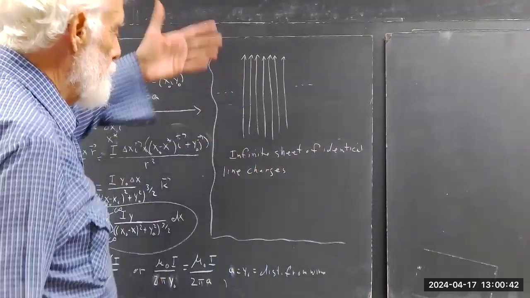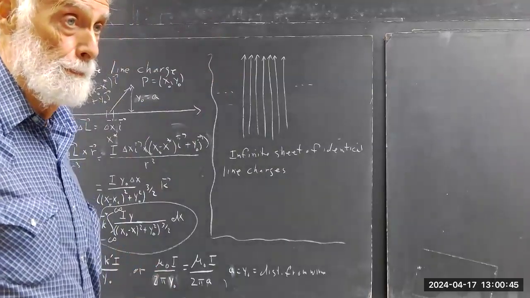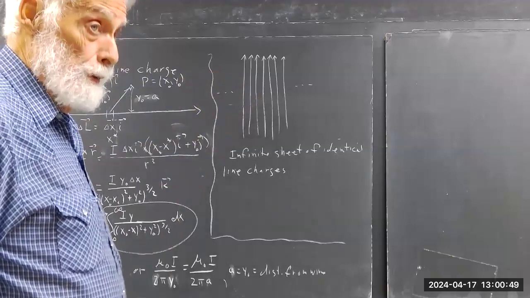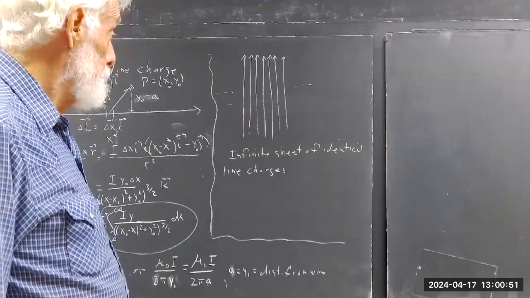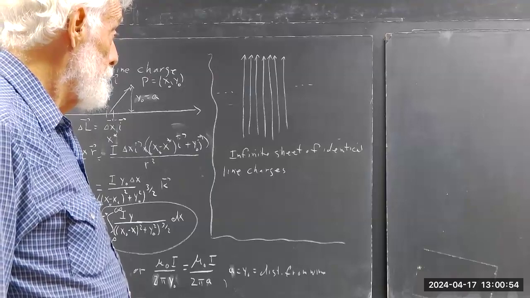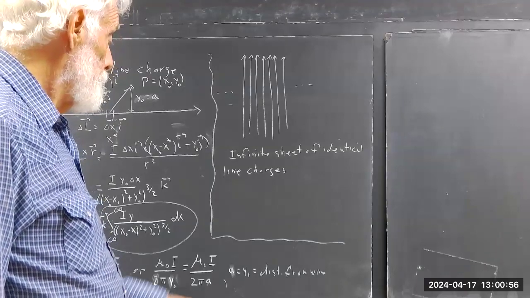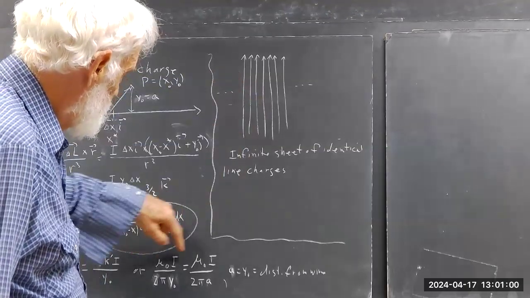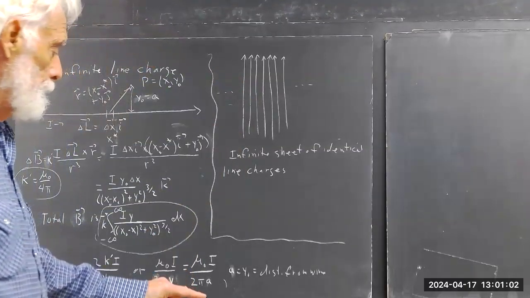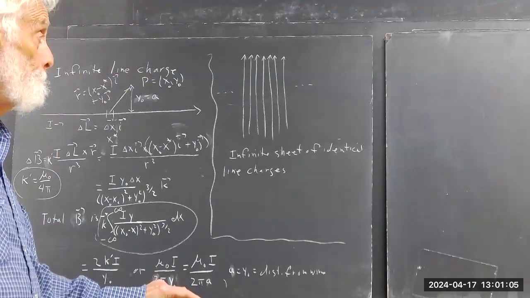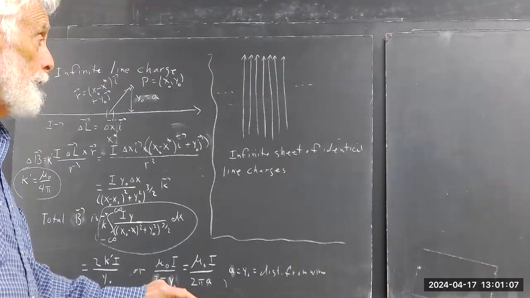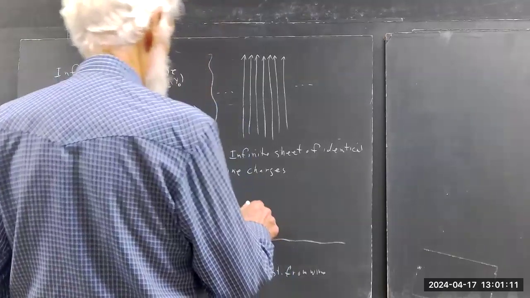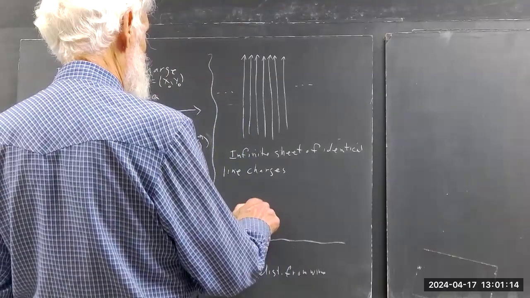They've got this infinite sheet of identical line charges. Pick your distance A above the sheet, then whichever wire you're above is going to produce this field.